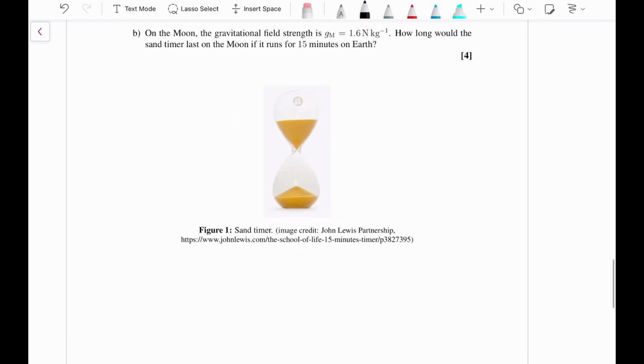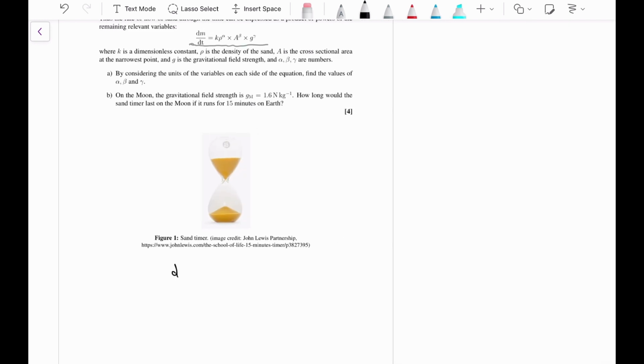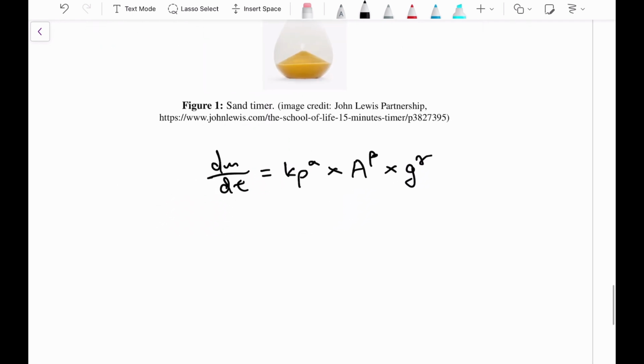Let me rewrite the equation down here. So that will be dm over dt is equal to k rho to the alpha times A to the beta times g to the gamma. Okay, so now we express in terms of their units.